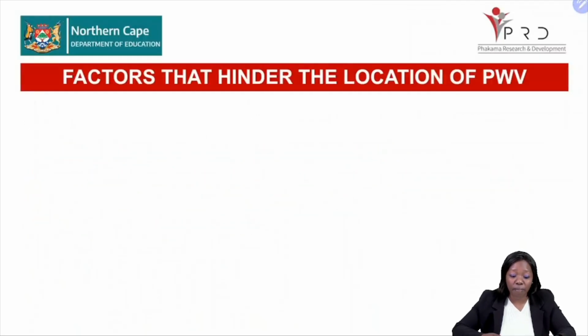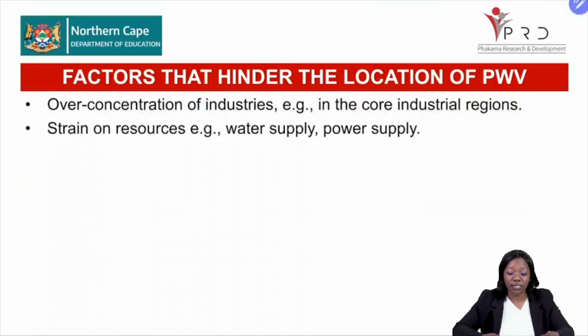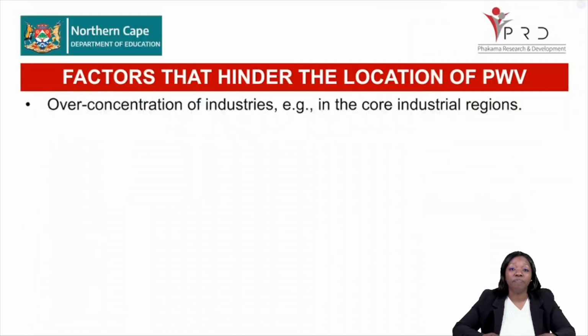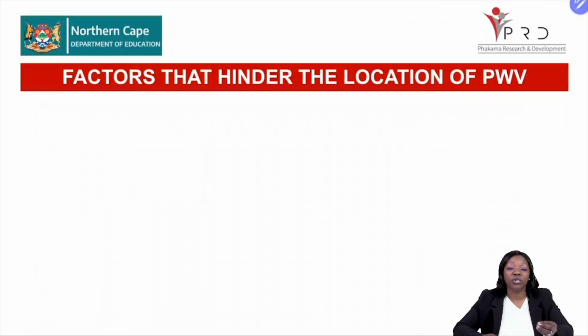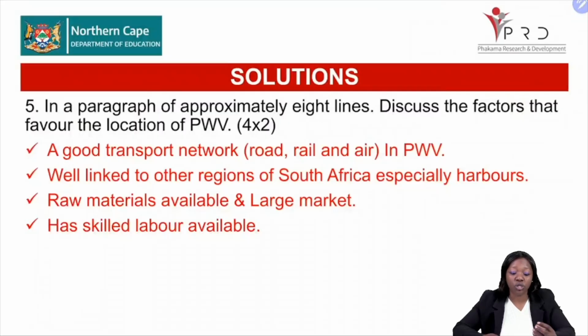And also, remember, we said these industries also have higher learning institutions. So therefore, these people are going to be trained in this region, and they are also going to look for employment in this region. Hence, there is skilled labor available.